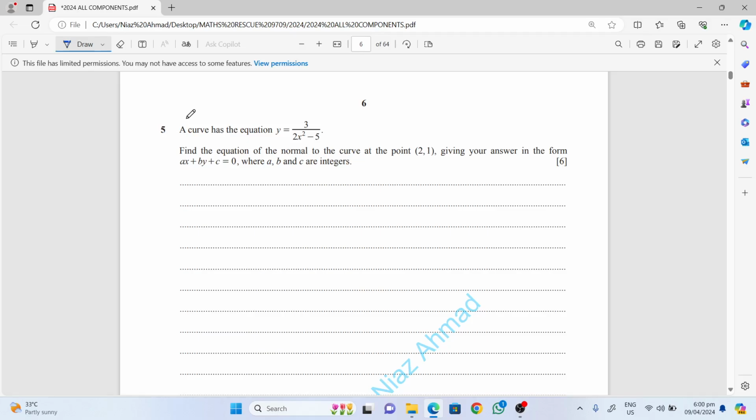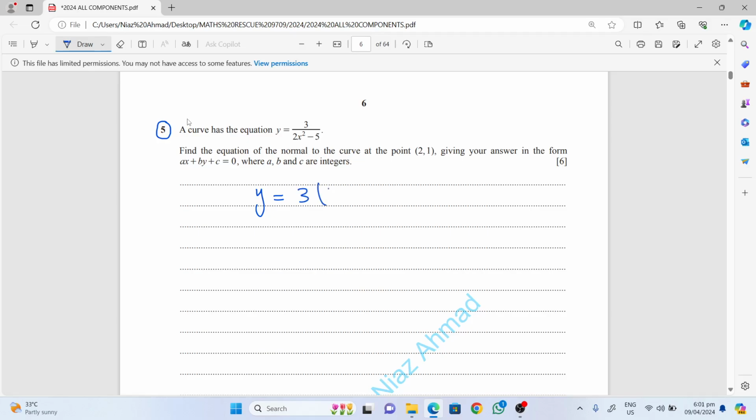Question number 5. A curve has the equation y equals 3 over 2x square minus 5. Find the equation of the normal to the curve at the point 2, 1, giving your answer in the form ax plus by plus c, where a, b, c are integers. So we have the equation y equals 3 over (2x square minus 5).